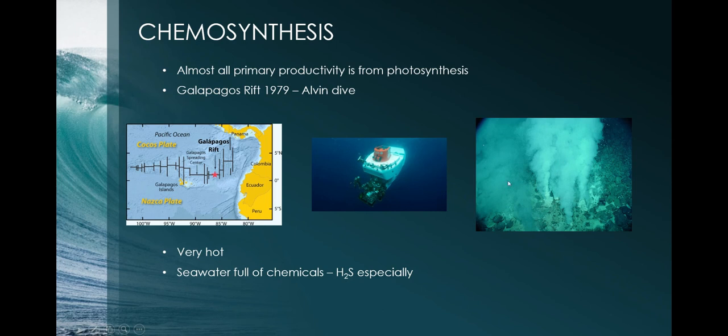And it's full of chemicals that it picked up while it was down in the earth. And it's also very, very hot, like 350 degrees. They kind of expected to see something like this, but in addition to seeing this, they found an abundance and a diversity of life that shocked them.